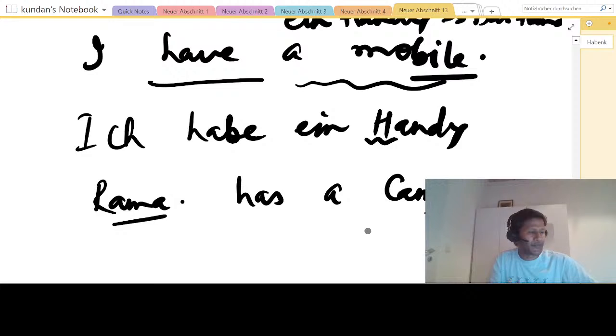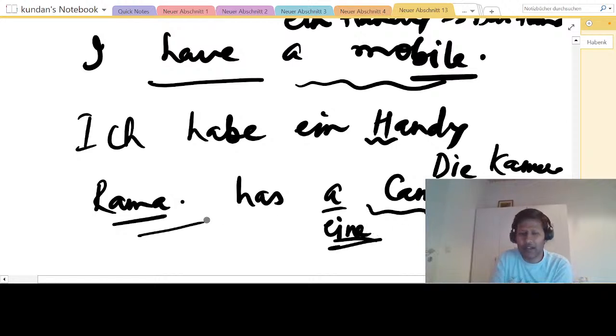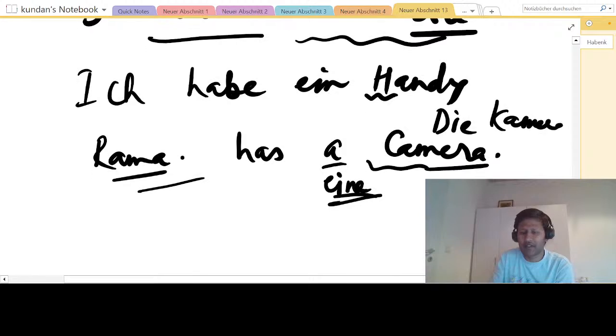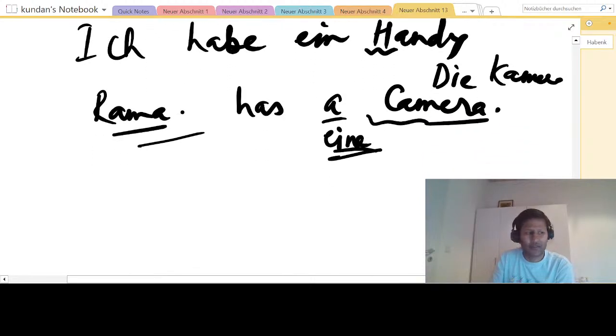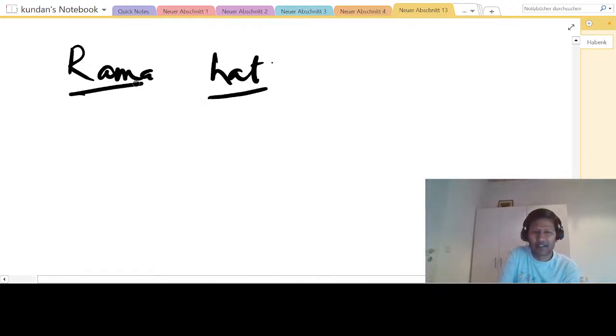Okay, so the right answer is eine Kamera, because this is the camera. Eine will remain the same. In accusative also this will remain the same because this is feminine, so nothing will change. So we'll say Rama hat, the girl, right?